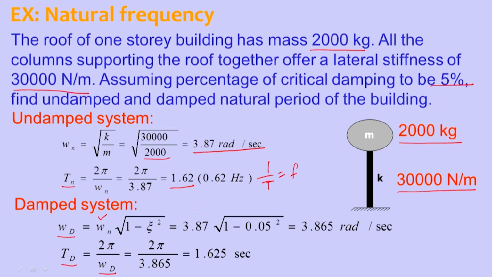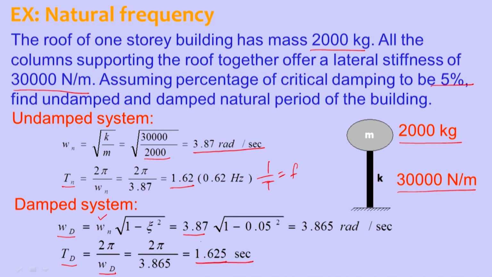Omega n is already calculated, so 3.87 under root 1 minus, 5% damping gives 5 by 100, that is 0.05, squared. That gives us 3.865 radians per second. If we substitute that omega d in this equation, we get 1.625 seconds.